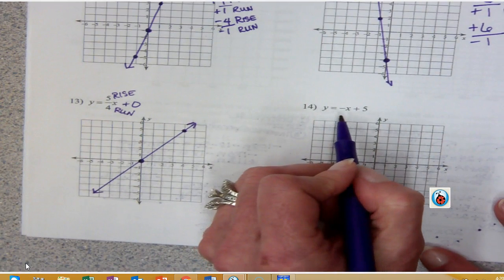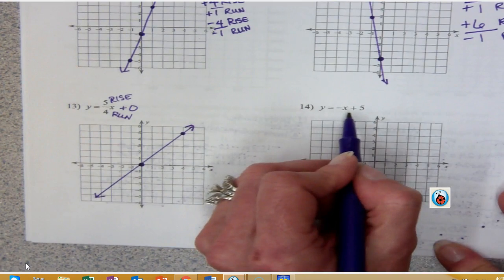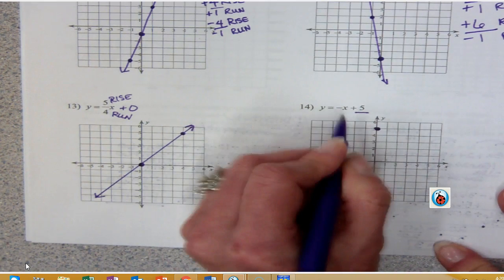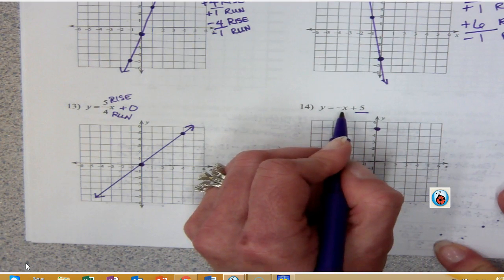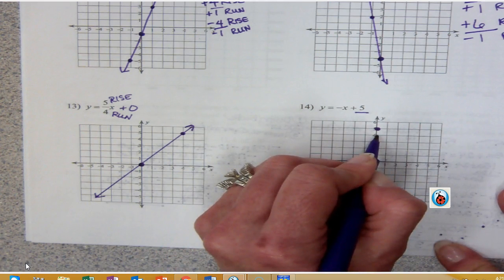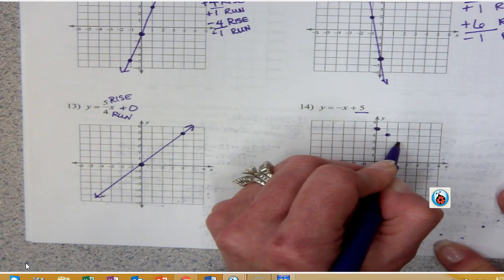Moving on. This was already in slope-intercept form, so I don't have to do anything here. I'm just going to go up to my y-intercept, which is 5. My slope is negative, and I know that it's a negative 1 because we know there's a 1 in front of the x. So I'm going to go down 1, which is negative, and over 1, which is positive.